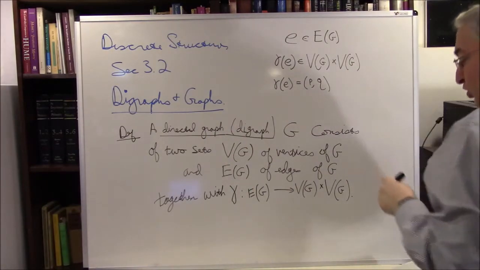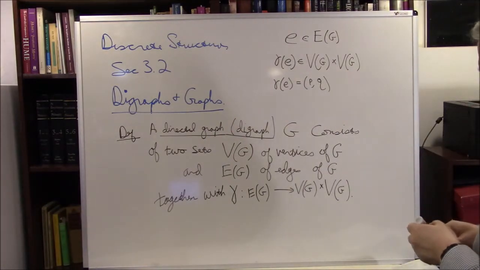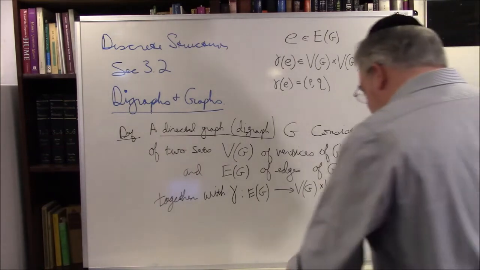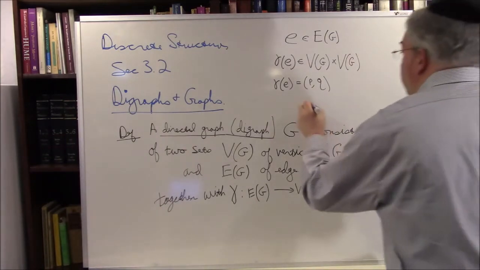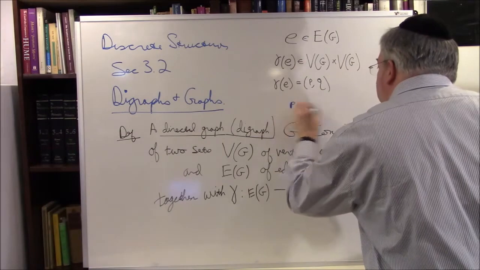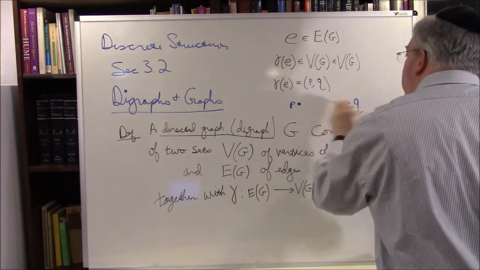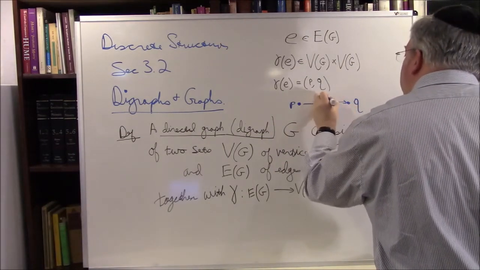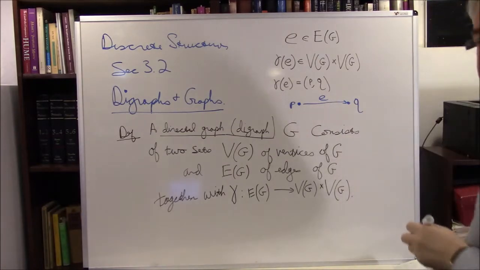Okay? We're going to describe that with the following beautiful picture. You have a node p, you have a node q, and you have an arrow e from p to q.